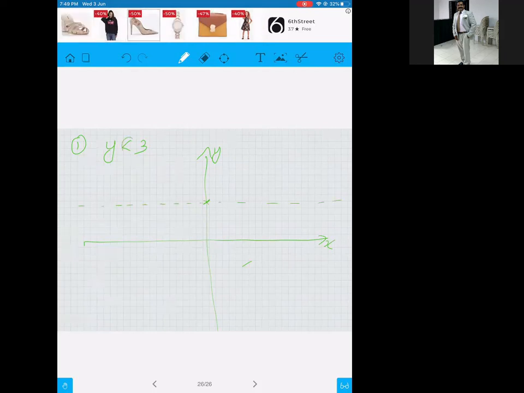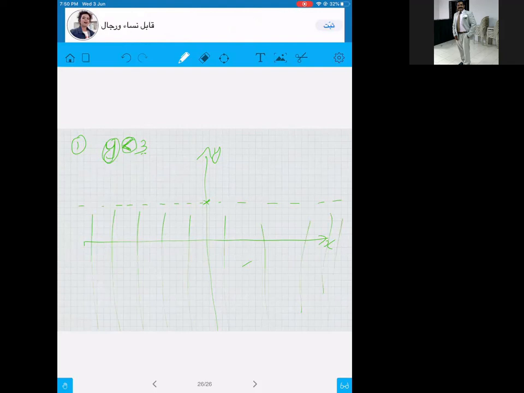Y which is less than 3 means any value up to 3, so this region. If the question is y greater than 3, which region? The above region.